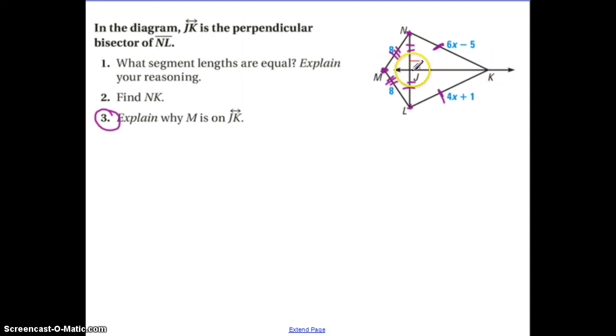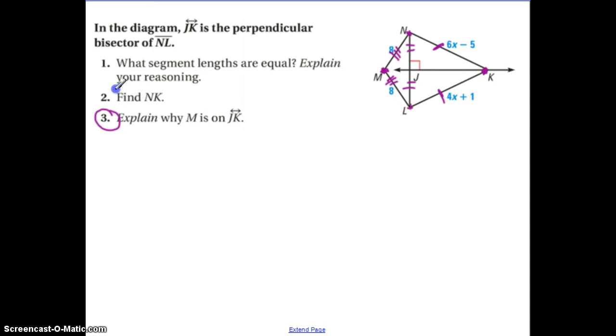So again, it's just switching our hypothesis and our conclusion. Here, we're told K is on our perpendicular bisector. If it's on our perpendicular bisector, then these lines are congruent, they're equal. The opposite says if our lines are equal, then our point is on our perpendicular bisector.